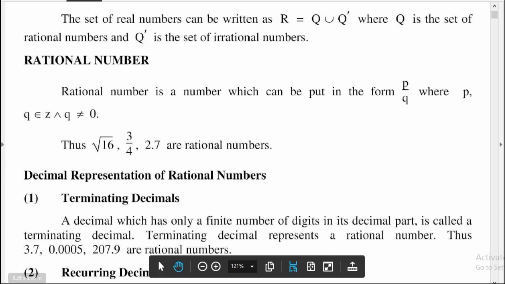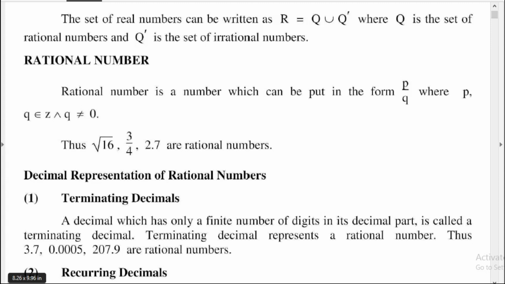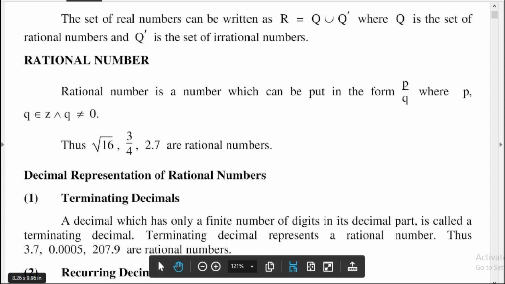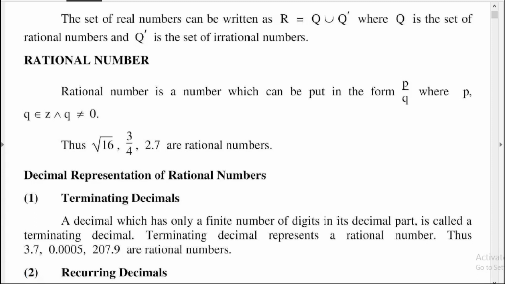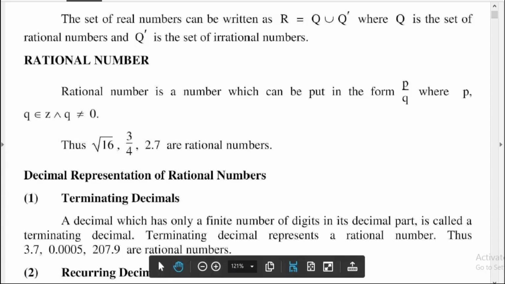Thus 3.7 is a terminating decimal, 0.305, that is, after the decimal point 3 digits, so that is a terminating decimal, and 207.91, two digits after the decimal part, that is a terminating decimal or rational number.